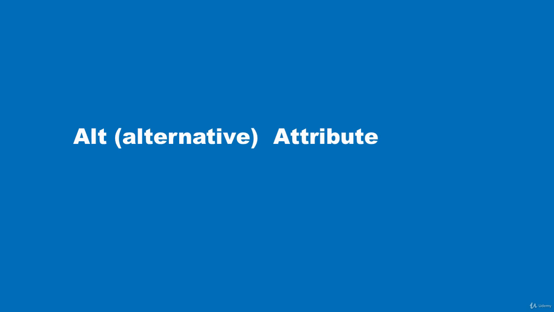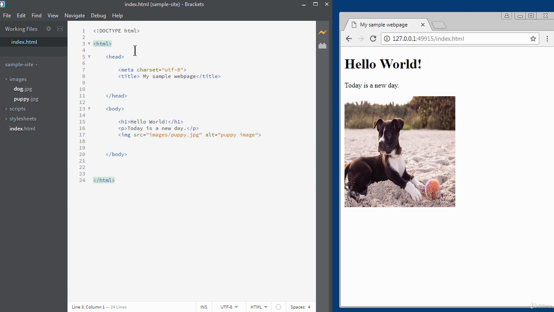This attribute basically is used to specify an alternative text to be used when an image cannot be displayed. In my code editor here inside the image tag, I've also got this alt attribute here. So if for any reason this image cannot be displayed, the alternative text I have specified here will be displayed instead.